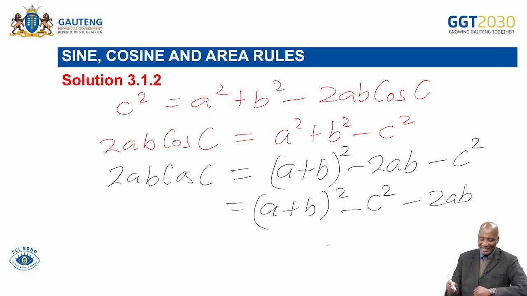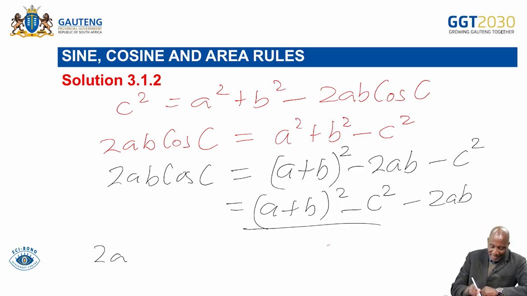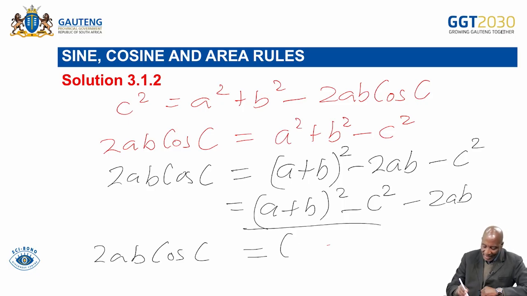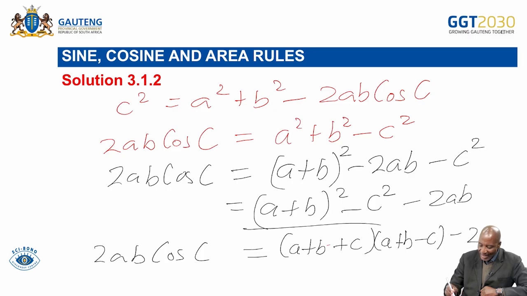What do you notice? This is now a difference of 2 squares. Therefore, 2ab cos of c is equals to difference of 2 squares, which is going to be a plus b plus c multiplied by a plus b minus c, then minus 2ab.